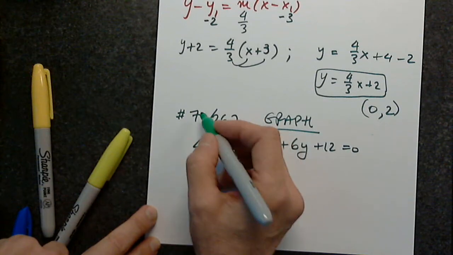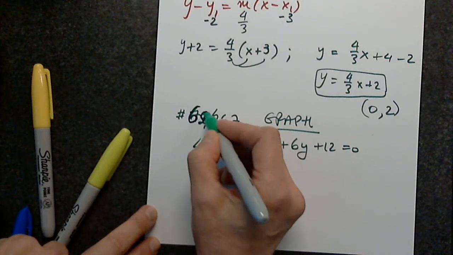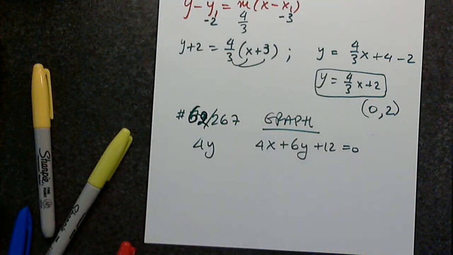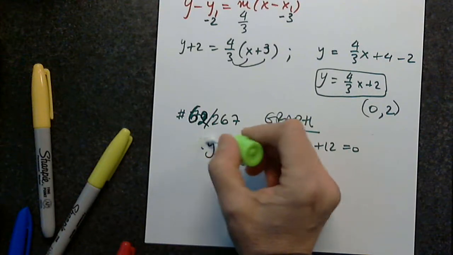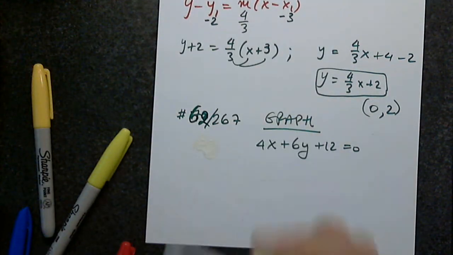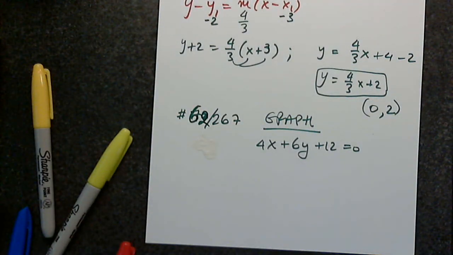Sorry about that. I copied 62 instead. My apologies. So 62, 4x plus 6y plus 12 equals 0. We are asked to graph this function. I know in the past you will probably solve for y and find the slope. No. There is no need to do anything.